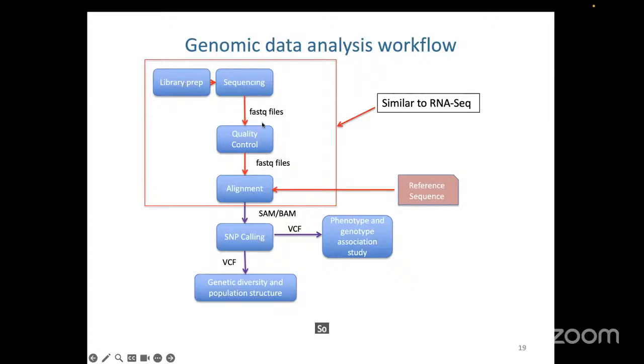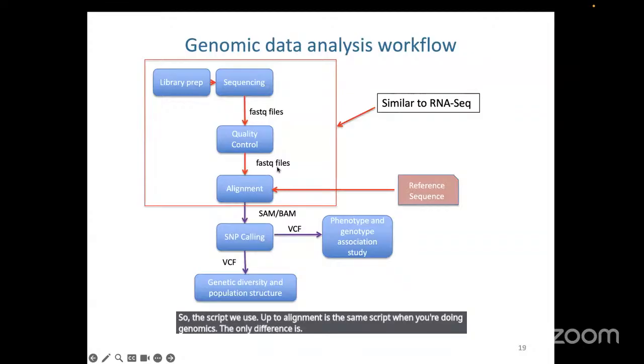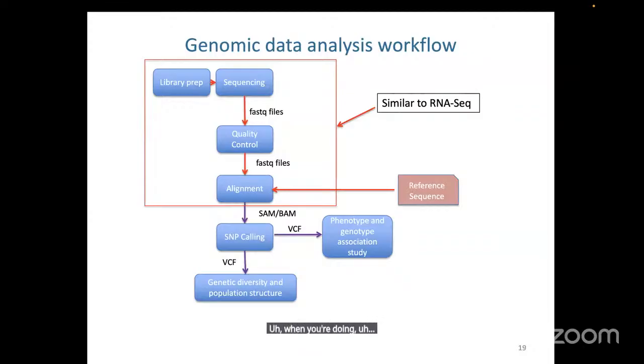The script we use up to alignment is the same script when you're doing genomics. The only difference is that instead of using RNA, you use DNA, but it's the same process. You check for Phred scores, you check the nucleotide ratio, you check for adapters, and you go through the same process until you reach alignment.